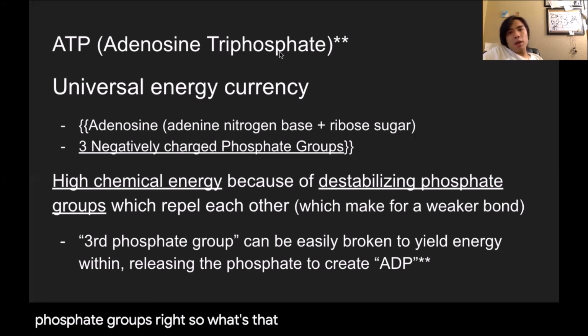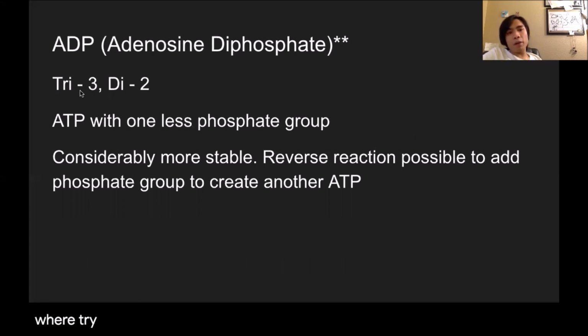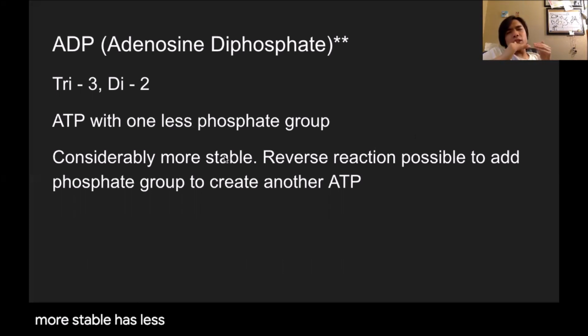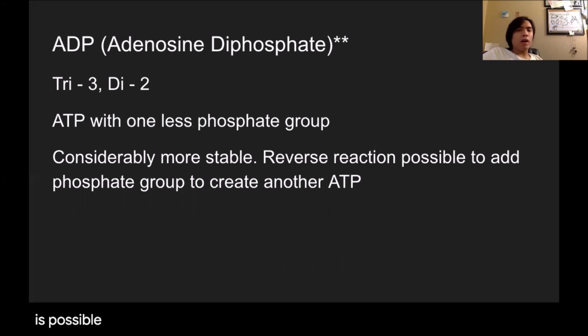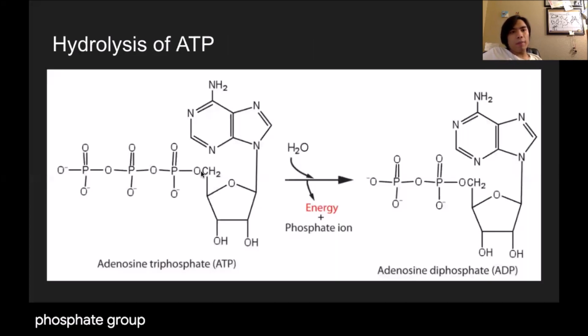So once that third phosphate group is released, it will create an ADP, which is adenosine diphosphate, where tri meant 3 and di means 2. It's ATP with 1 less phosphate group. It's considerably more stable, has less of those repelling negative charges, and a reverse reaction is possible and done universally to create another ATP by adding another phosphate group.